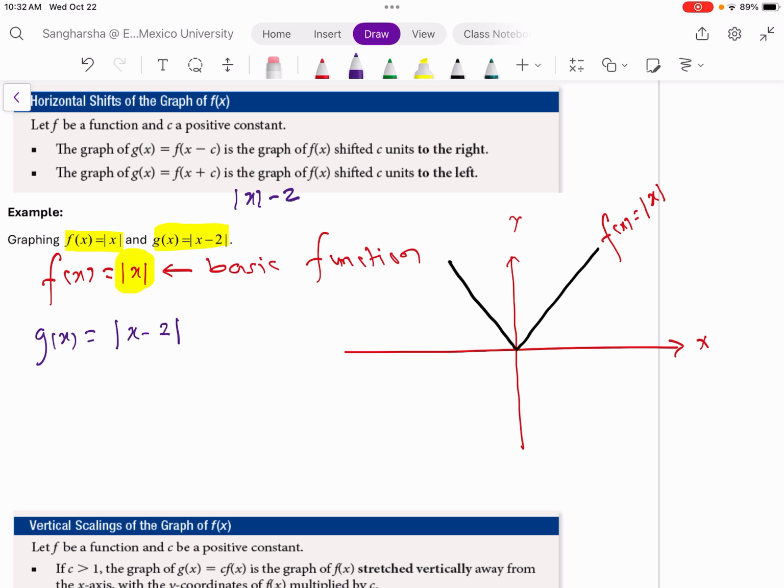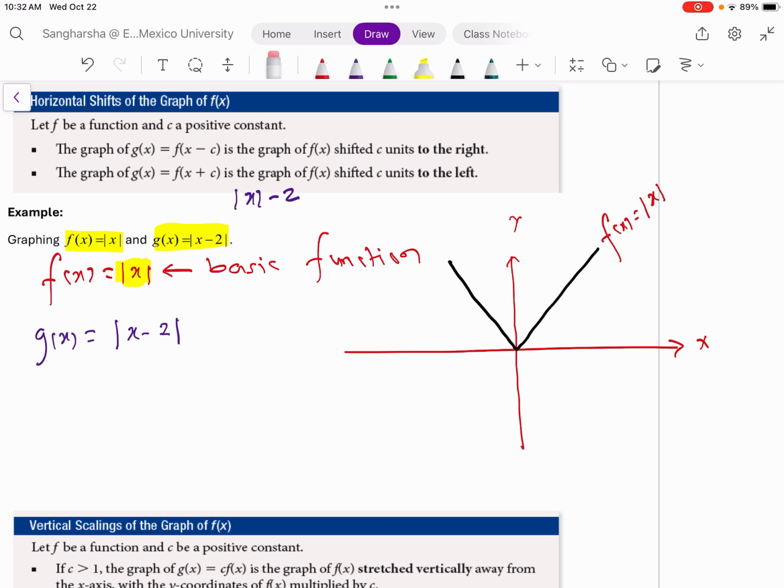Now, are these two exactly the same thing? If you subtract 2, you get absolute value of x, minus 2. It's not the same. So how can we get absolute value of x minus 2 from this one?